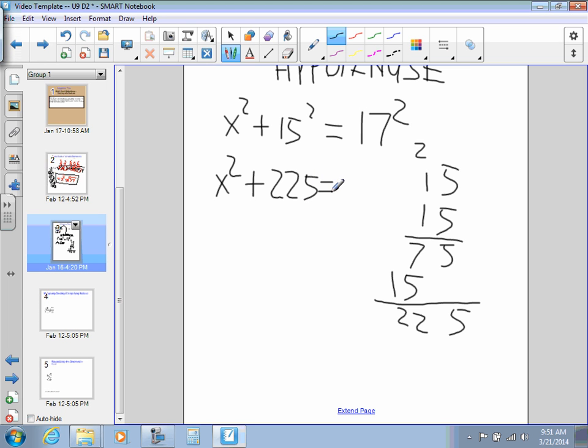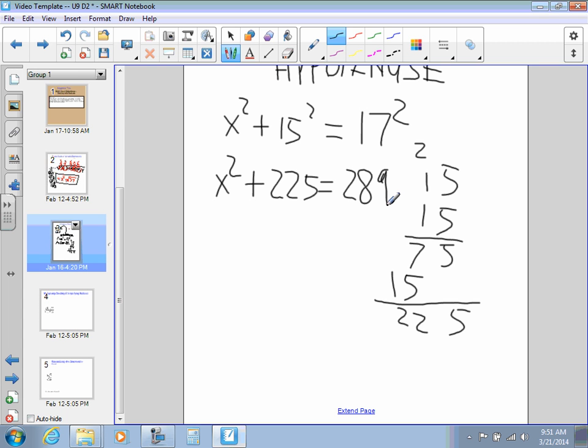And 17 squared actually is 289. I happen to always remember this one because I used to have a car with that size engine in it. A 289 is a Ford engine. I had a 66 Fairlane with a 289 in it.